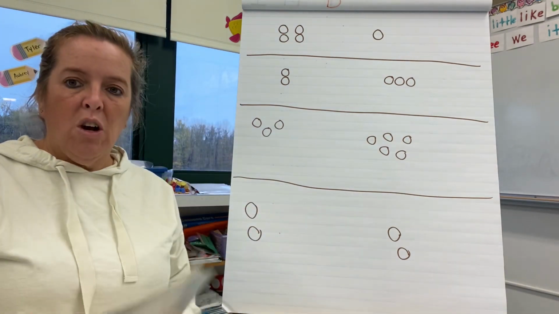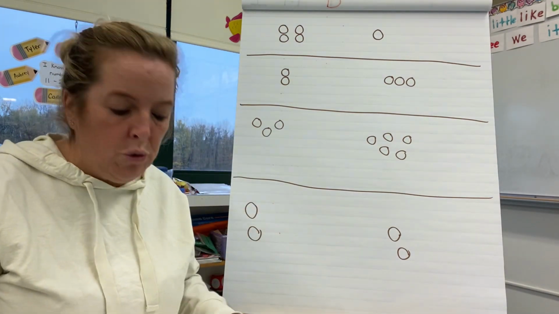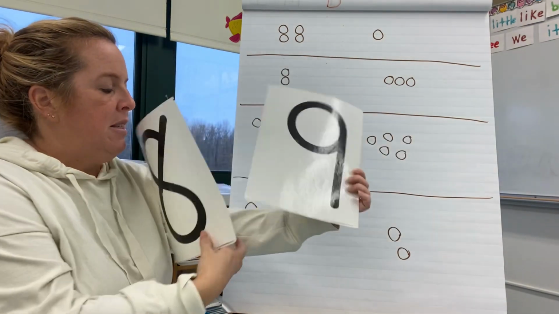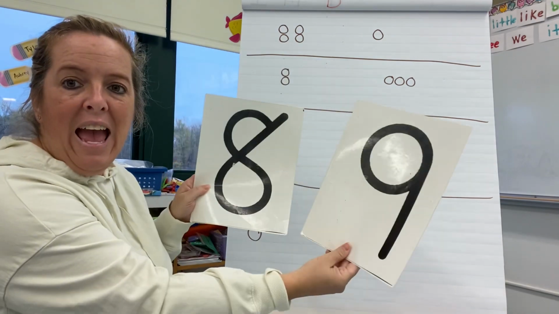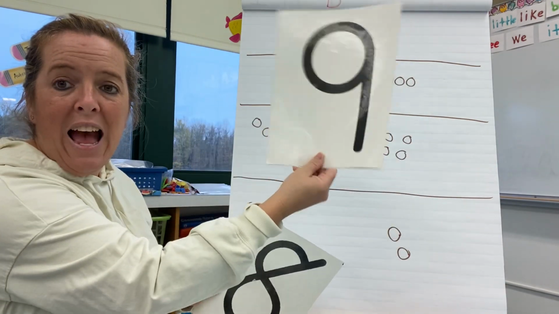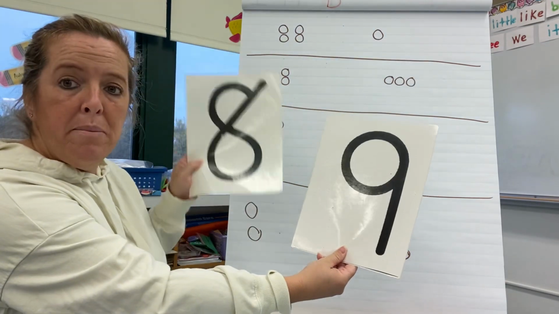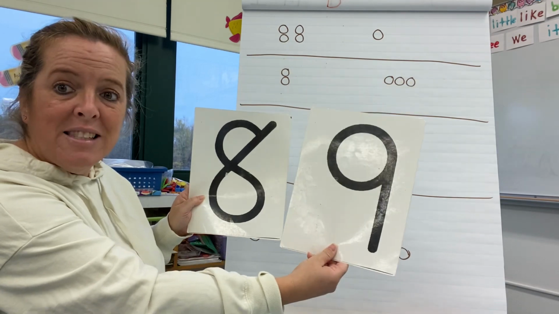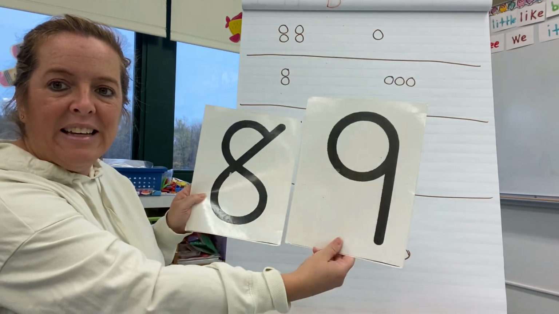So let me just give you a quick little example, we'll pull out 2. We have an 8 and a 9. Which one's bigger? I hope you said 9. So in this one, we're comparing 8 to 9, we would say 8 is lower than 9.